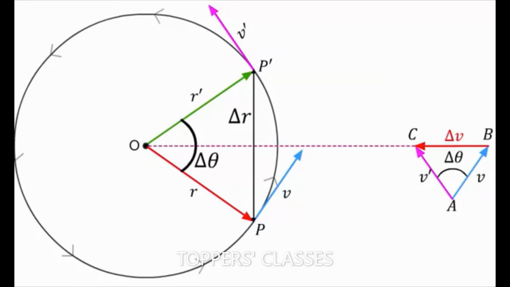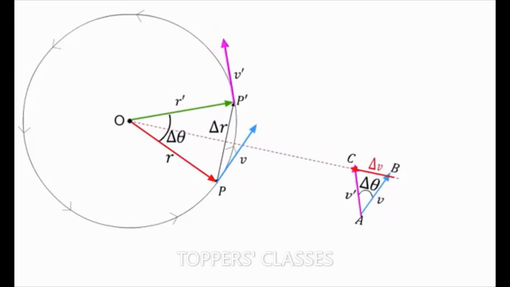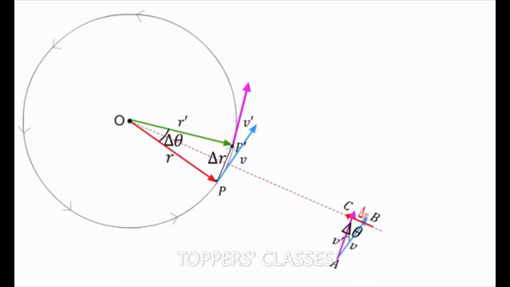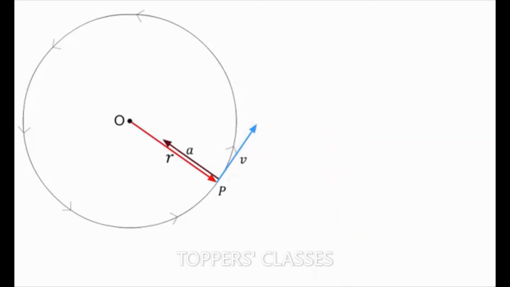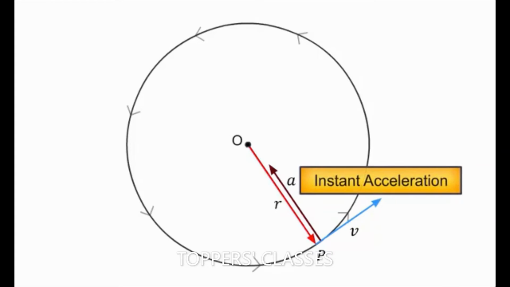The angle delta theta also tends to 0, and hence the average acceleration becomes instantaneous acceleration. Therefore, we can conclude that the acceleration of a body in uniform circular motion is always directed towards the center of the circle. Now let us find the magnitude of the acceleration.